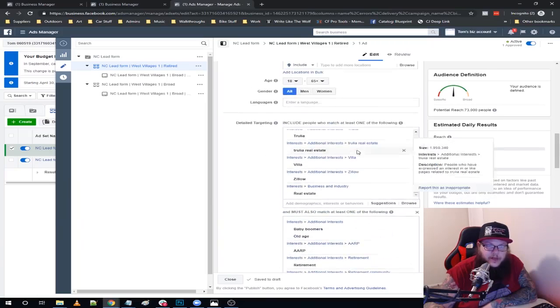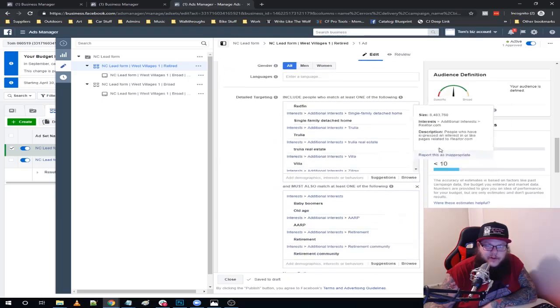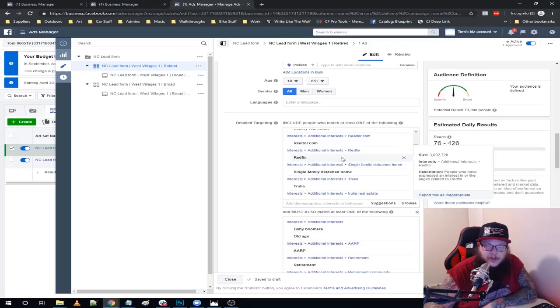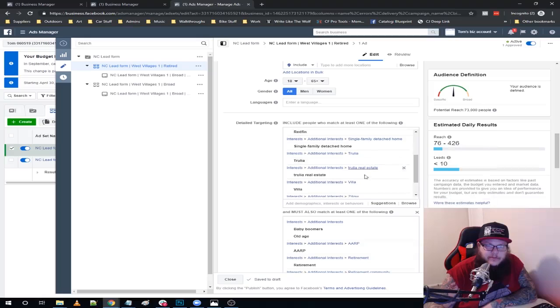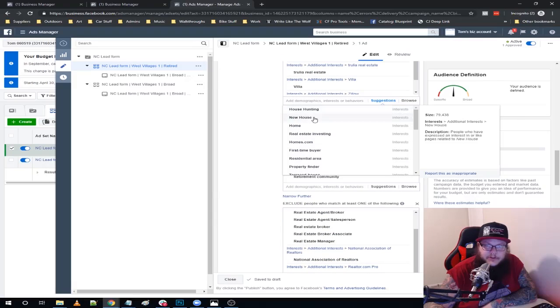And if you wanted to find more heavy hitter housing, right? Like let me see if I left any low ones up here. See, like Redfin it's only 3 million. You could find more heavy hitters by going to suggestions and just looking down here.